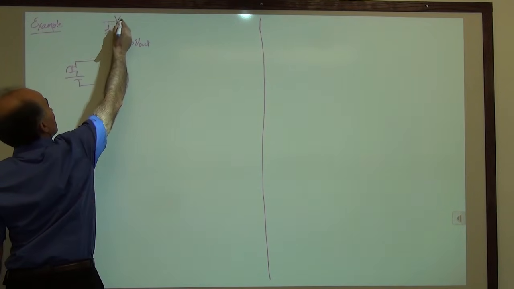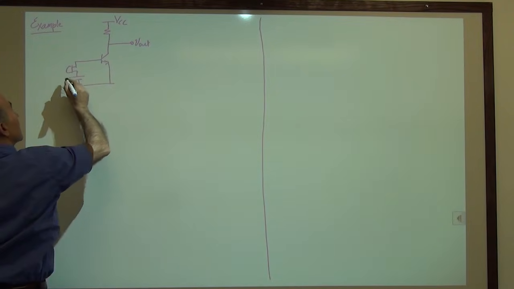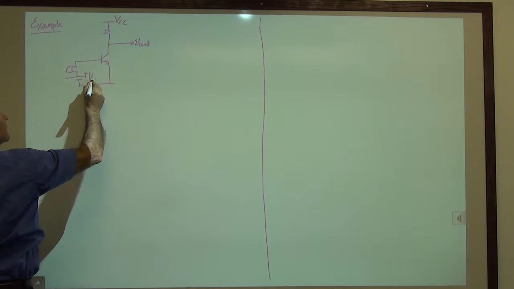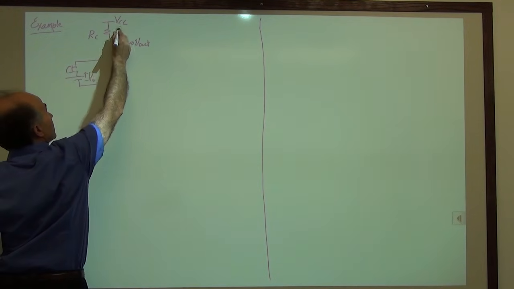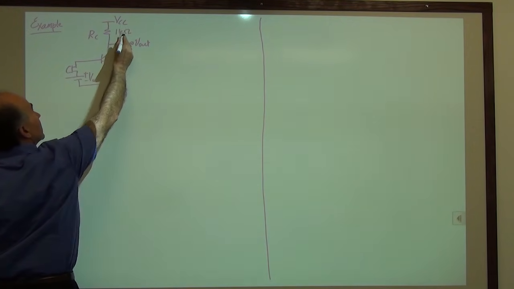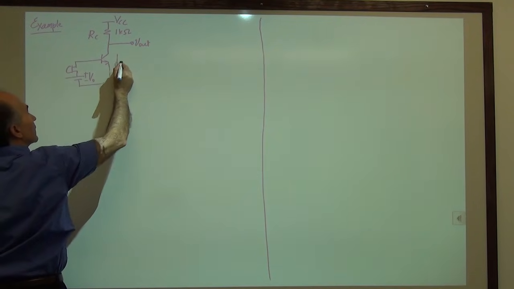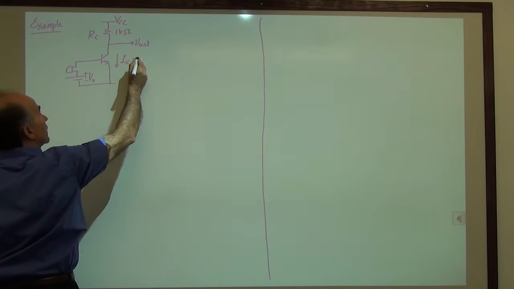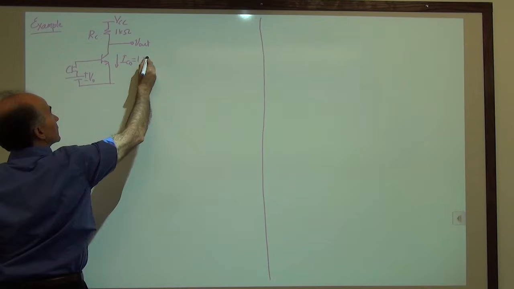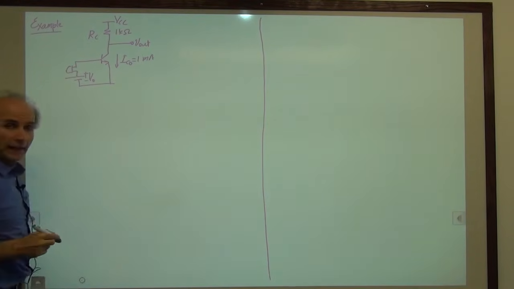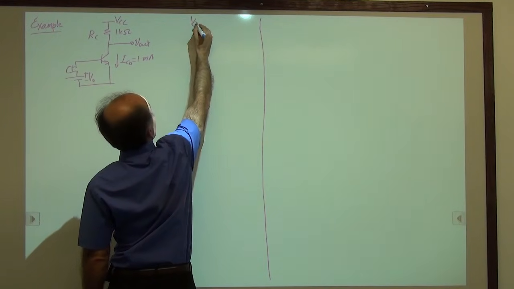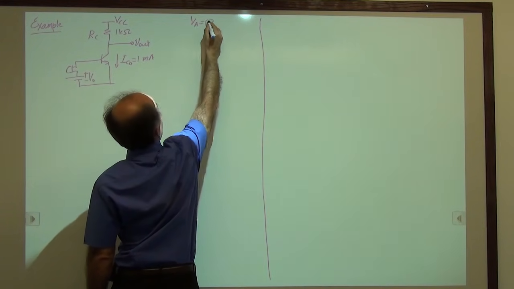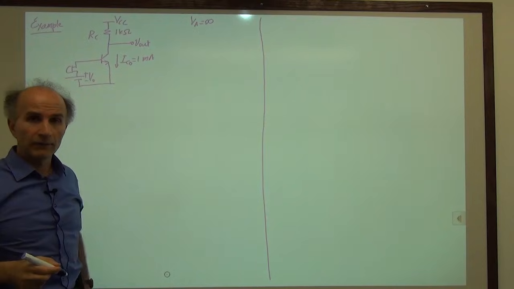This is VCC, the battery goes up here. This is V0 for the bias. RC is, for example, 1 kilo ohm. That's the example we saw before. And the bias current of the collector is 1 milliamp. So that's another quantity that we have. Again, let's assume that the early voltage is infinite so that we don't have to worry about the early effect.